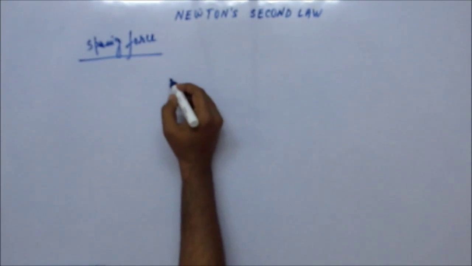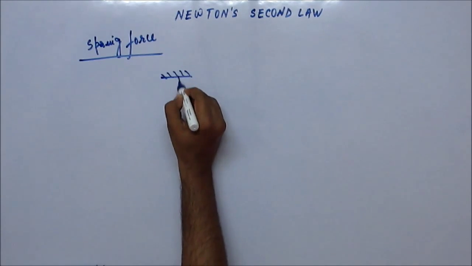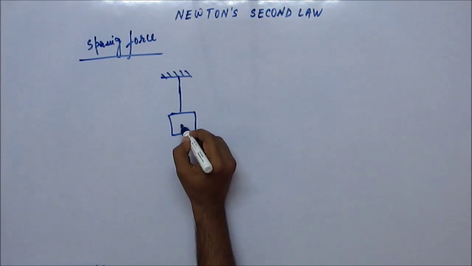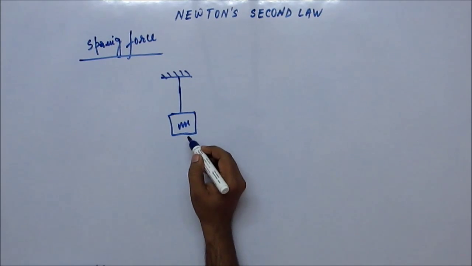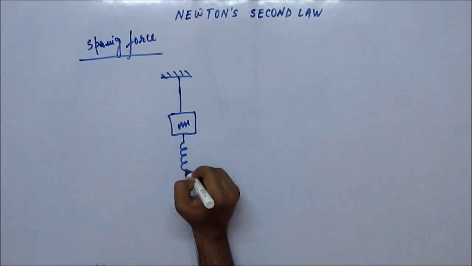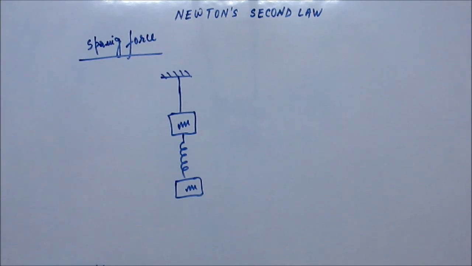Let's try with this one. There's a block of mass m hung with a string, and there's a spring again, and there's another block of mass m. And you know what I'm going to ask.